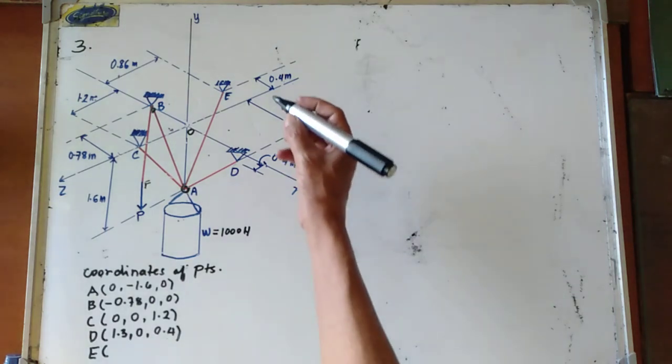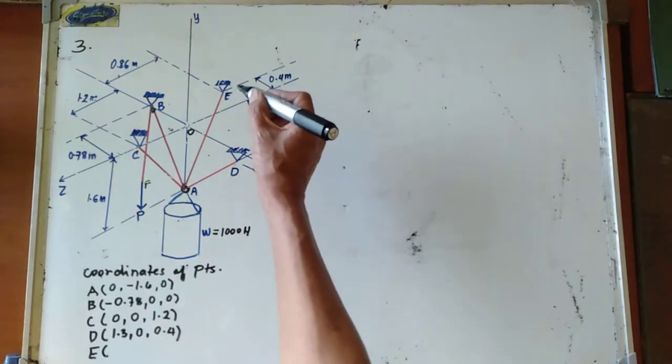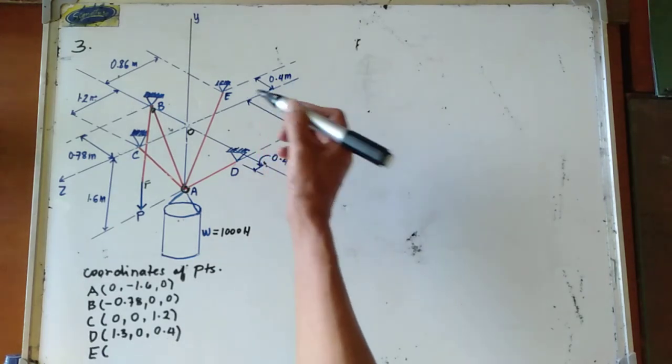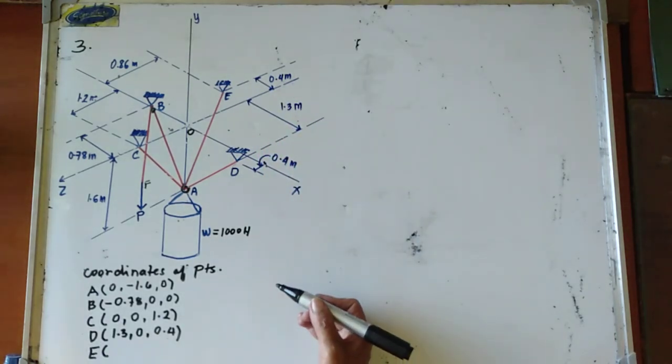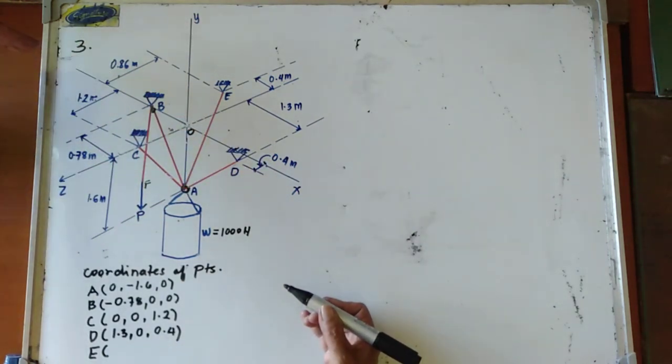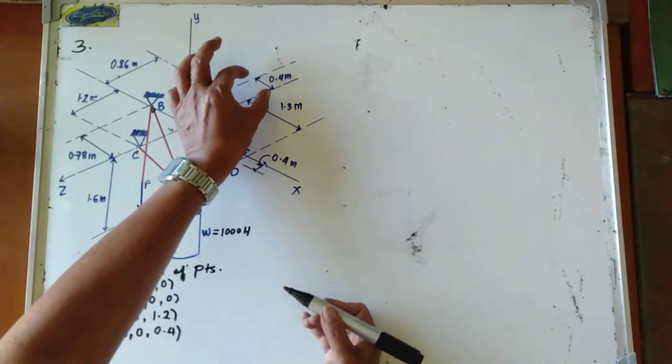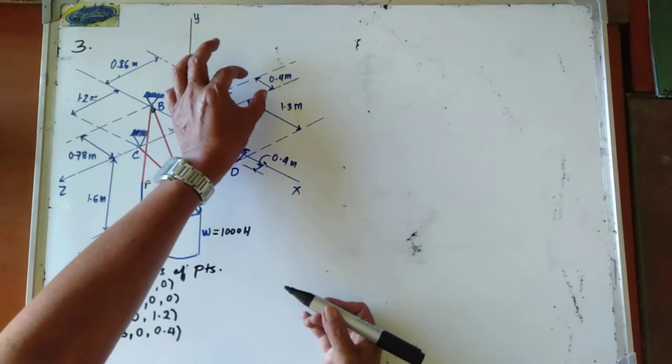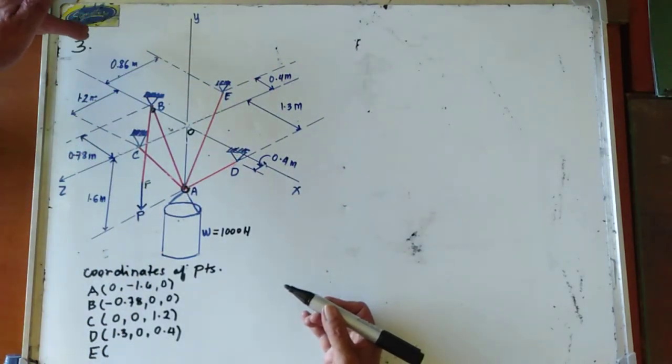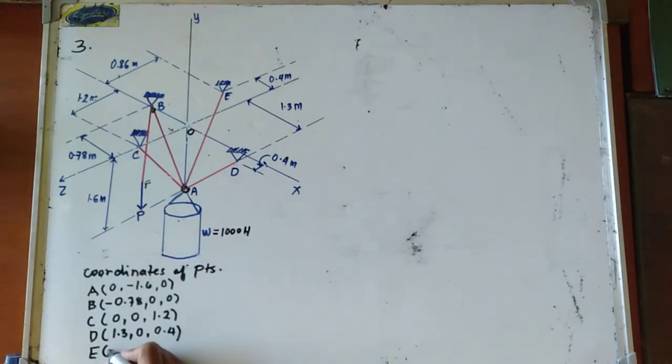Now, for point E, the coordinates of point E. In the x-axis, this is your x-axis, that is now negative 0.4. So it is left of the origin. In the y-axis, this is equal to 0.